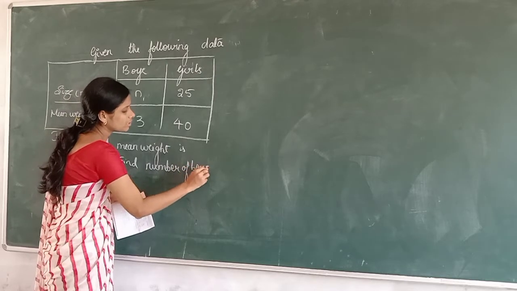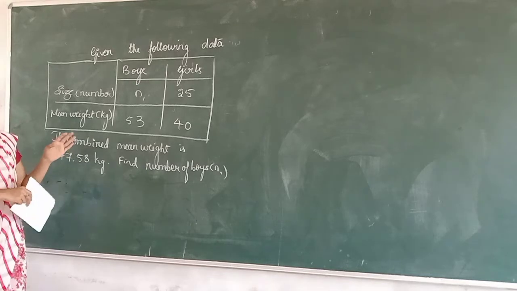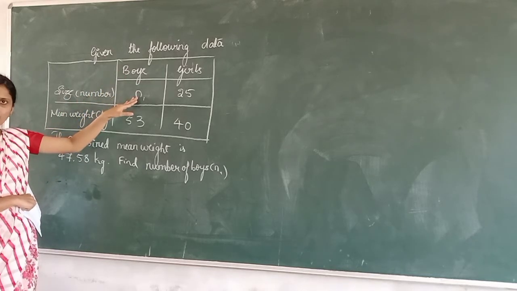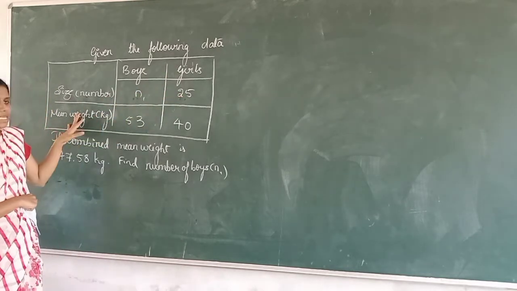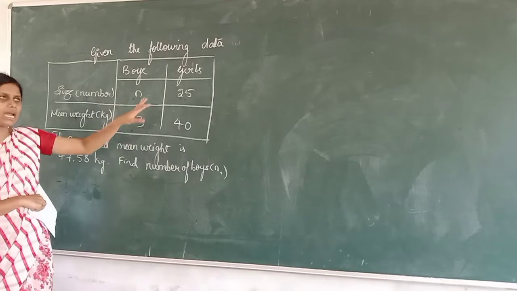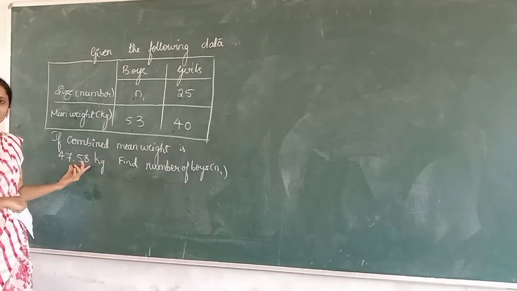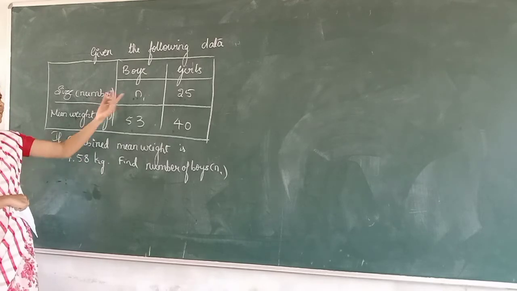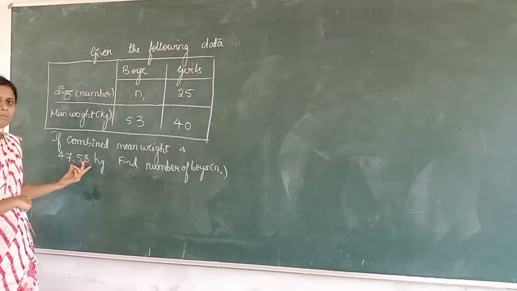That is nothing but n1. So in this question, we don't know the number of boys, we have to find it out, and the number of girls is 25, whereas the mean weight of boys is 53 and the mean weight of girls is 40. And we are provided with the combined mean, which is 47.58 kg. And we have to find the missing value, the number of boys, from the combined mean.